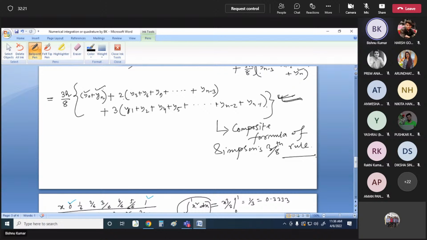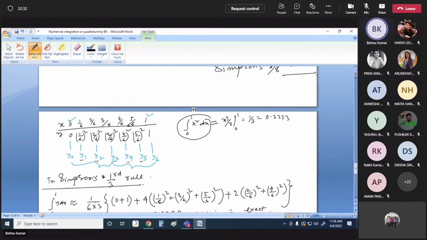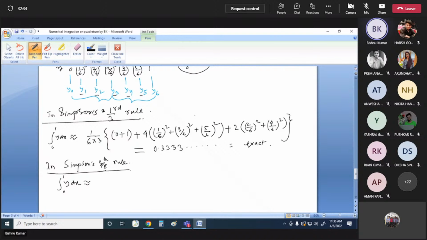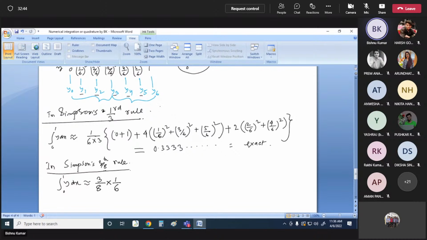That is, 2 into intermediate y ordinates having a subscript that is a multiple of 3. So outside 3/8 into h, where h is 1/6 for this data set.